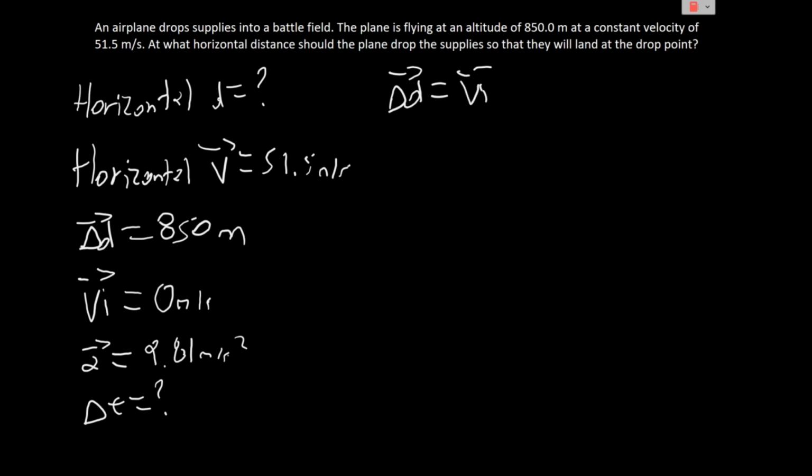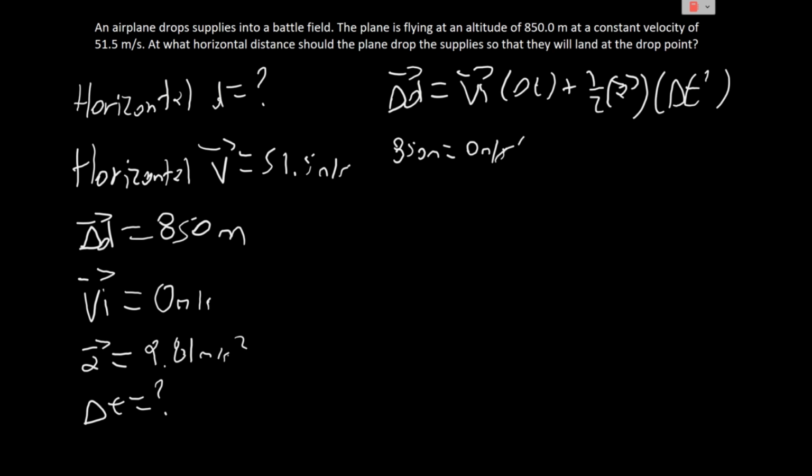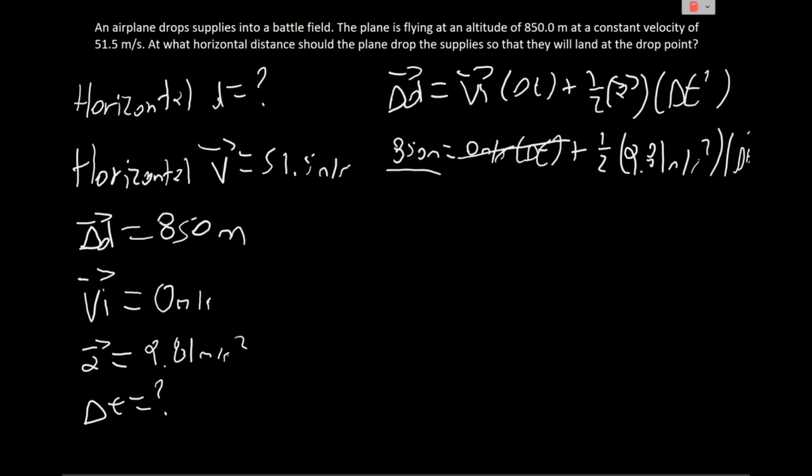Displacement equals initial velocity times time plus 1/2 acceleration times time squared. So 850 meters equals 0 meters per second times delta t, these cancel out, plus 1/2 of 9.81 meters per second squared times delta t squared. And then we just have to divide this 850 by this to solve for delta t squared.